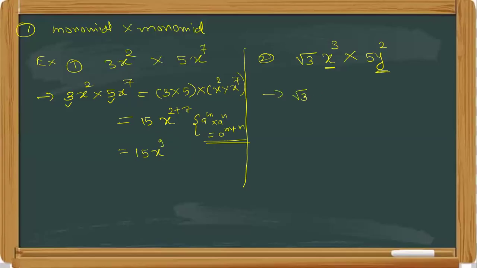And in the second example, root 3 x cube into 5y square. Root 3 cannot be multiplied directly with 5 without converting into decimals, so keep this as it is, 5 root 3. Understood? Next, x cube is there, write x cube and y square.